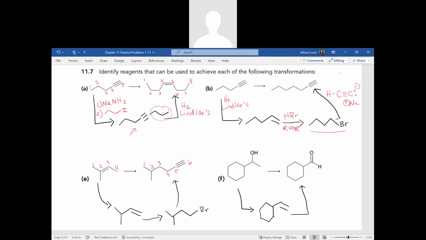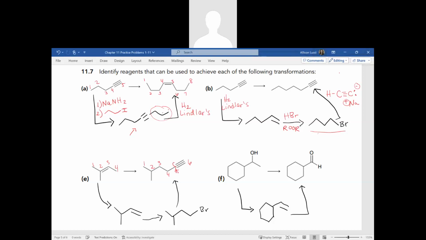So somewhere we have to accomplish addition of 2 more carbon atoms. If we use retrosynthetic analysis, our alkyne target molecule begins with this disconnection of a carbon bond adjacent to the triple bond. So that would be right here. So let's see what materials we can use to accomplish these transformations.